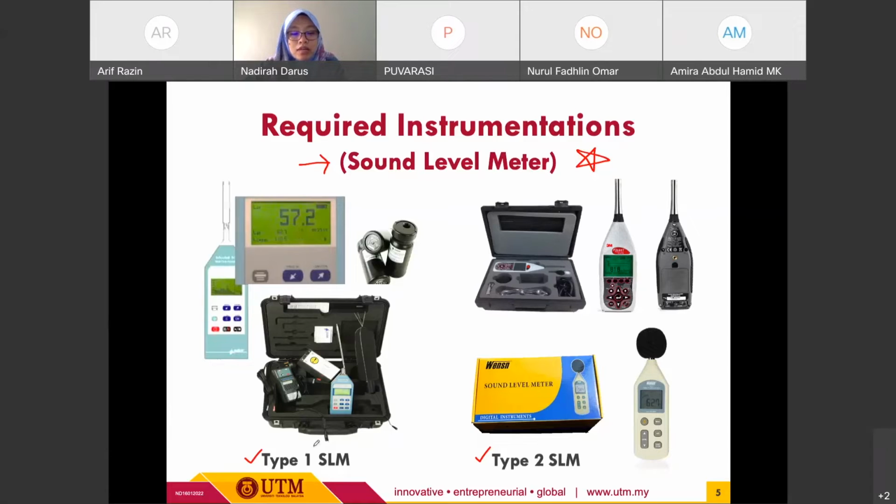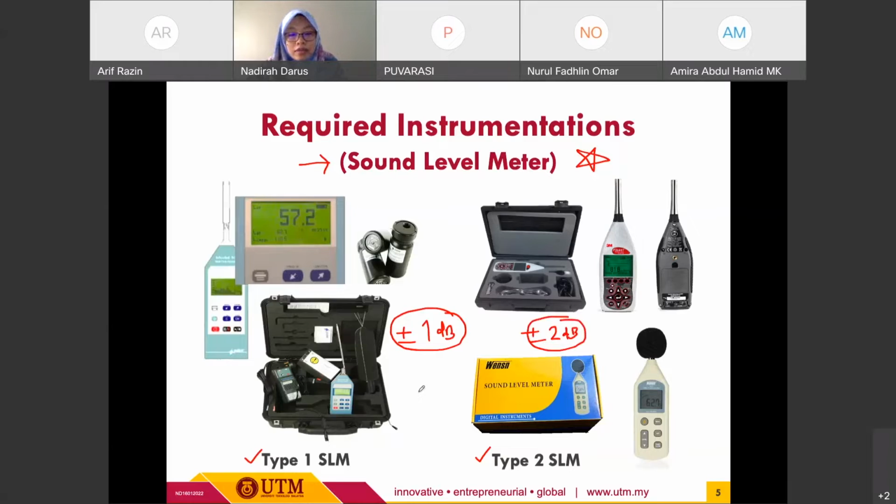Okay, kalau type 1 dia punya reading error is plus minus 1 decibel only. Okay, as compared to type 2, because type 2 is plus minus 2 decibel. So this is the main difference, dan kenapa kita refer dia sebagai type 1 and type 2, basically it is related to the accuracy value.